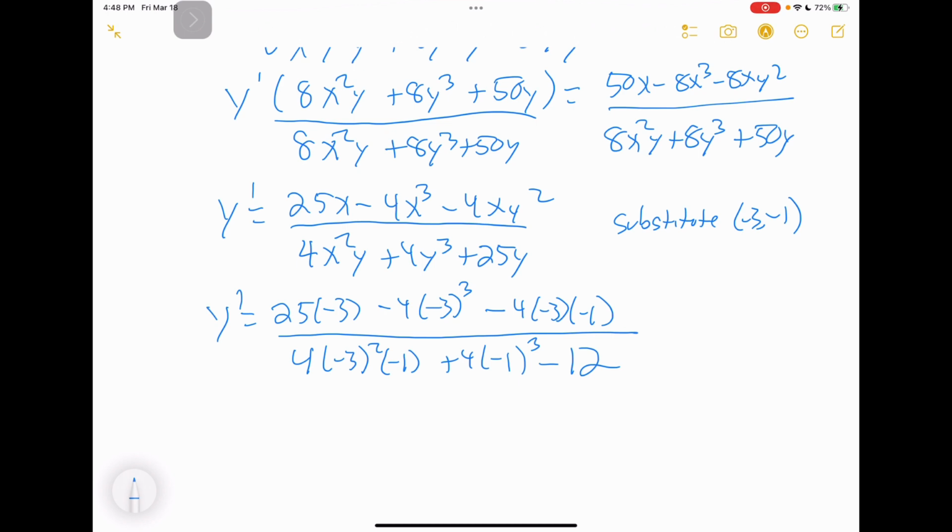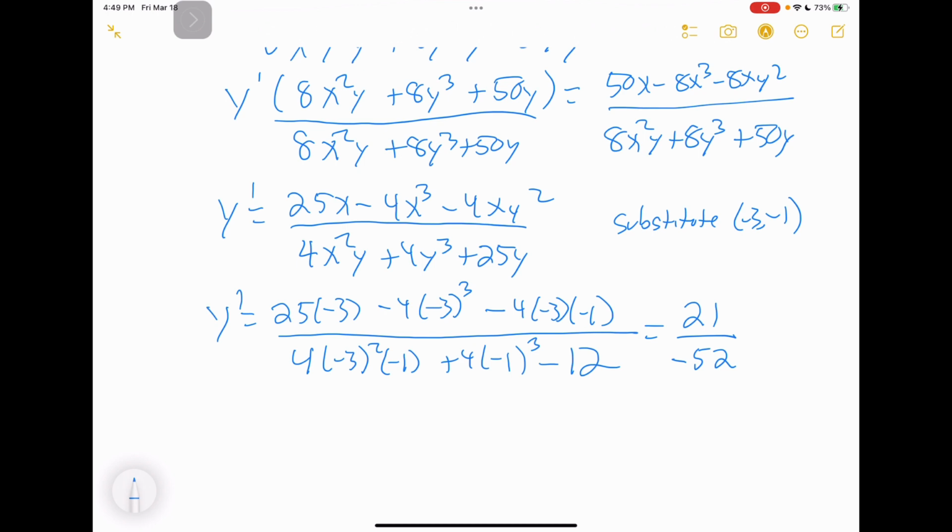Okay, let's see what we get out of the calculator. It looks like I'm getting the numerator to be 21 and the denominator to be, let's see, 4 times... Okay, I think I got this in here right. And I get -52.